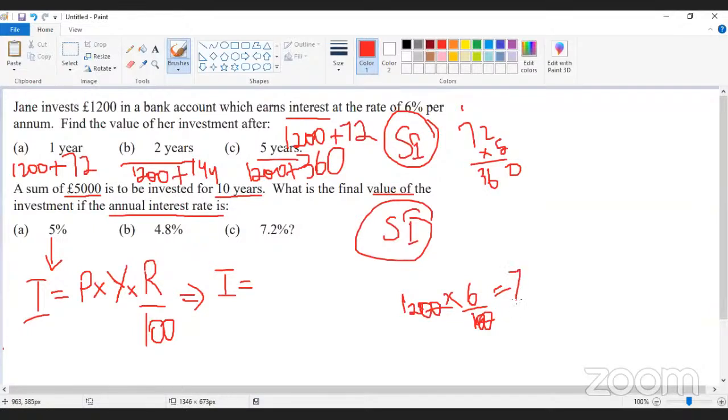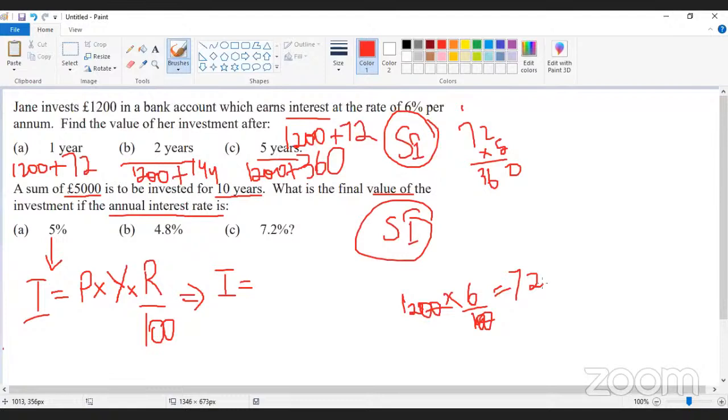Yes, that is the way you get the 72. For 1 year, I will leave it. For 2 years, I'm multiplying by 2. So 72 into 2 is 144. For 5 years, 72 into 5, 360. Are you clear how you're getting it? Yes, sir. Thank you, sir. I understand it now.